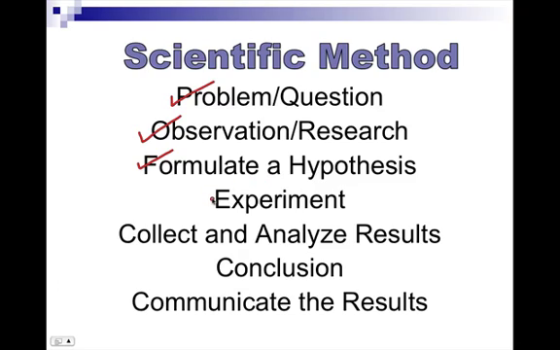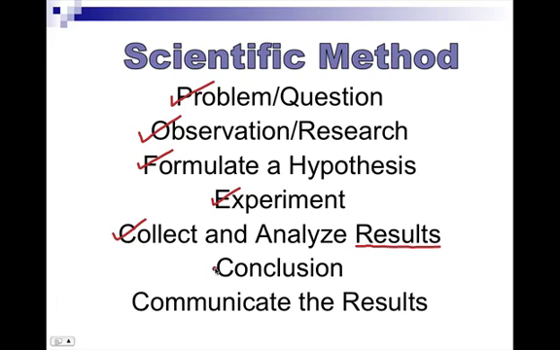Next thing we're going to do is do an experiment, and there's a specific type of experiment. It's called a controlled experiment, but we'll talk more about that in future slides. Then we're going to collect and analyze results. Remember, another name for results is going to be data.